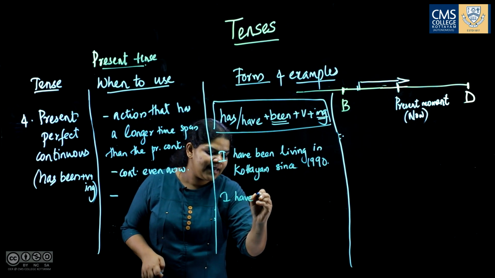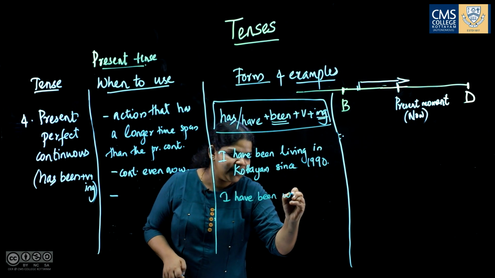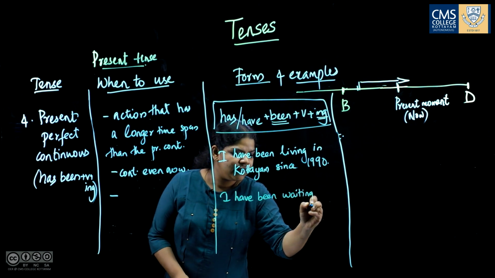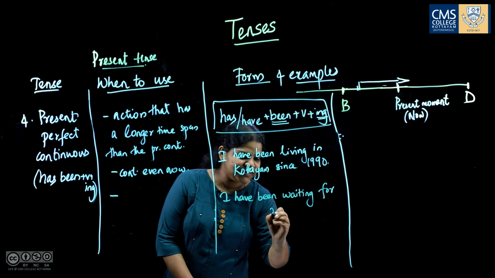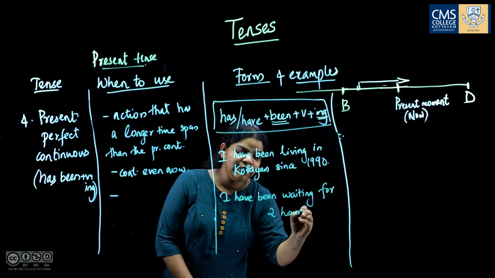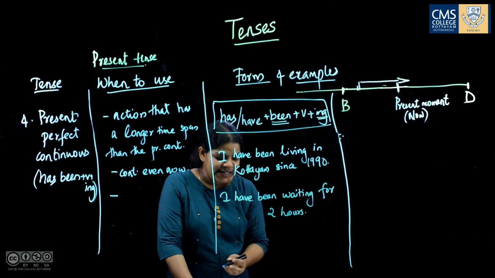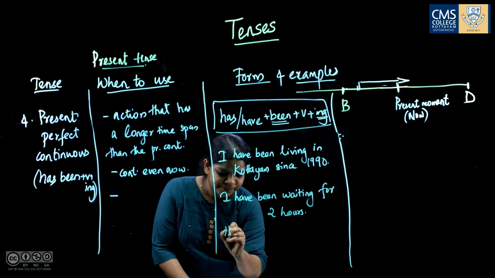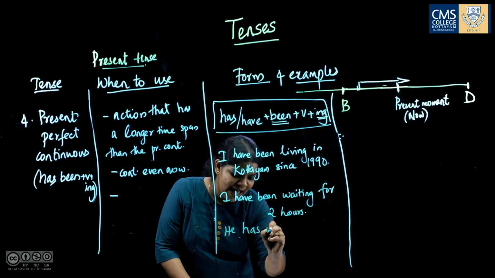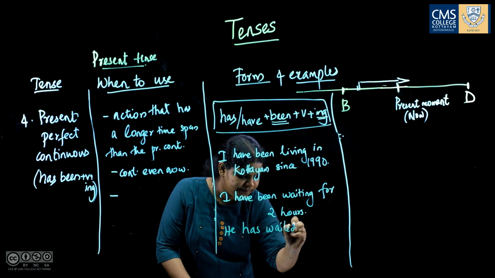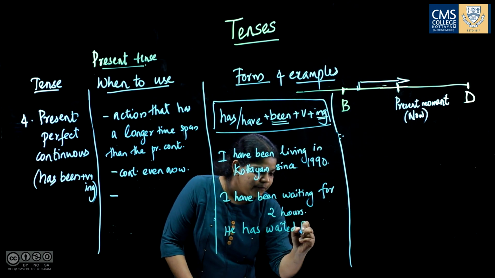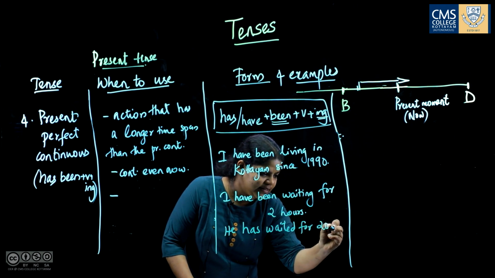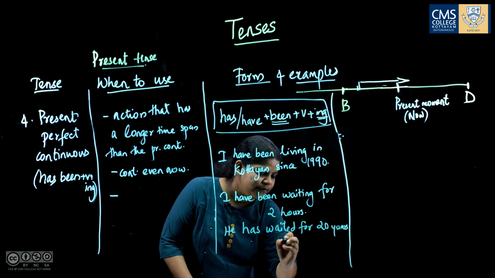I have been waiting for 2 hours. I have been waiting for 2 hours. Let's look at another one. He has waited for 20 years for this child.